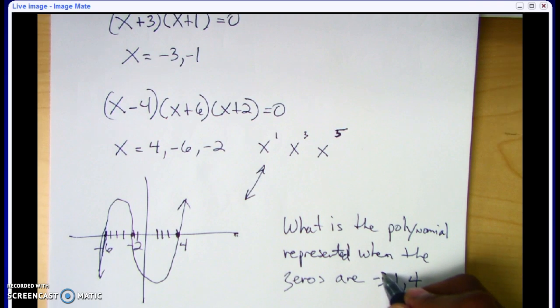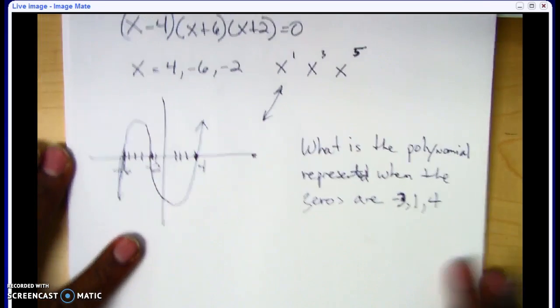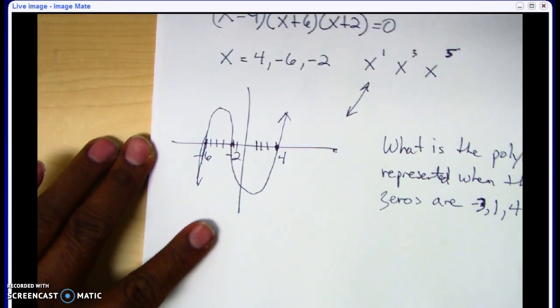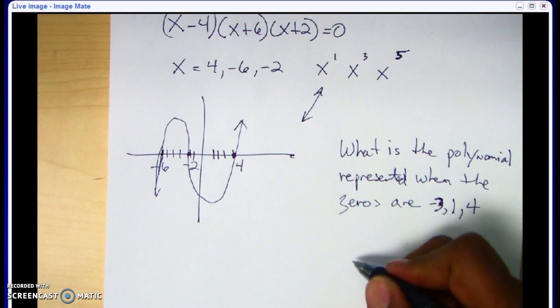Just make up something there. What's the polynomial function? If I give you the zeros, do you know how to go back and create the function? Well, it's very simple, guys.